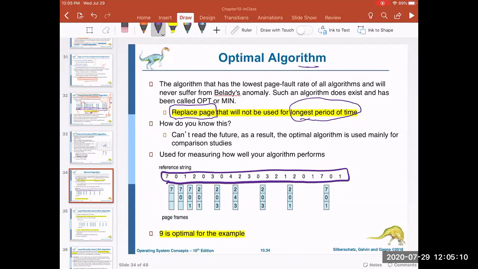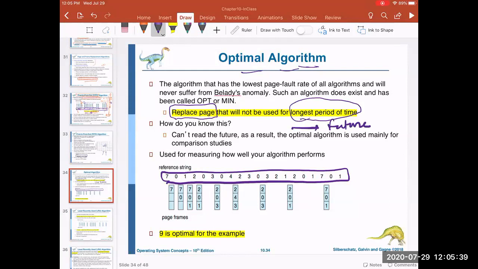Similarly, the optimal algorithm is not actually a realizable algorithm, but it gives us the optimal number of page faults. It is used as a benchmark to compare with other algorithms. The optimal algorithm looks into the future to find which frame should be removed.